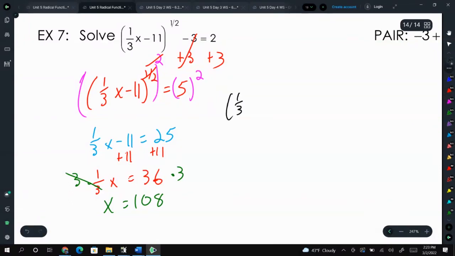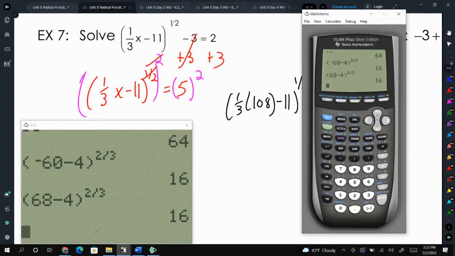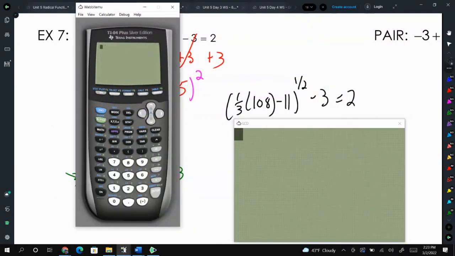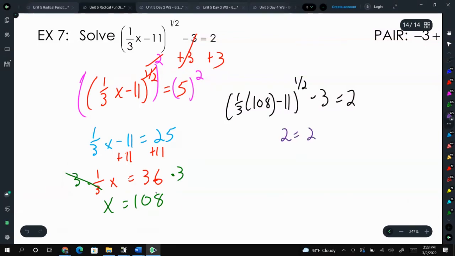So 1/3 times 108 minus 11 raised to the 1/2 power minus 3, does that equal 2? So parentheses 1 divided by 3 times 108 minus 11 raised to the 1/2 power minus 3, and we get 2. So 2 equals 2. That checks out, so 108 is our solution.